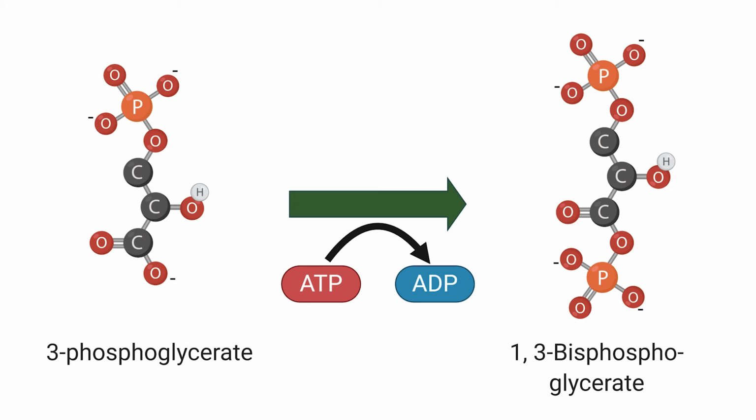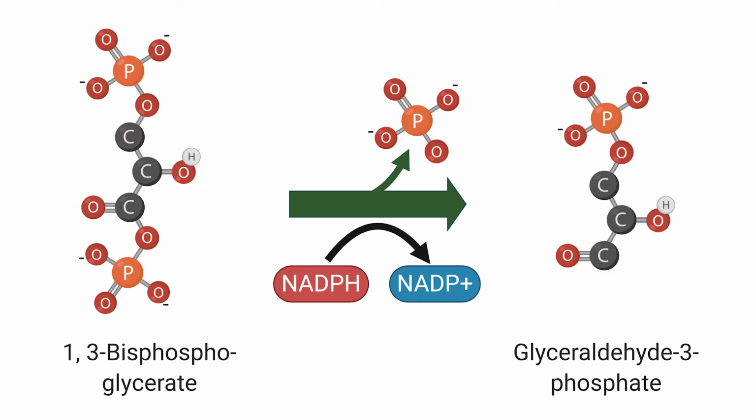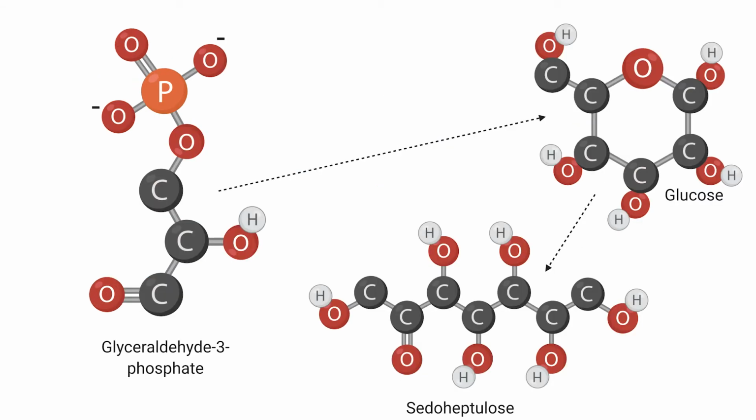So ATP is used to convert 3-phosphoglycerate into 1,3-bisphosphoglycerate. And then NADPH is used to convert this to glyceraldehyde 3-phosphate. One of these glyceraldehyde 3-phosphate molecules is taken away to be used to make other sugars like glucose and sedoheptulose.